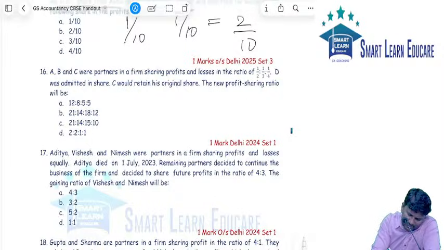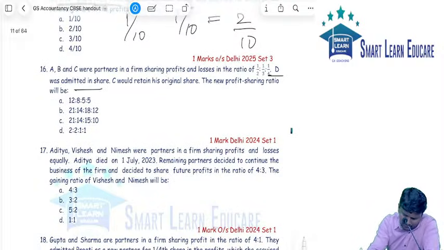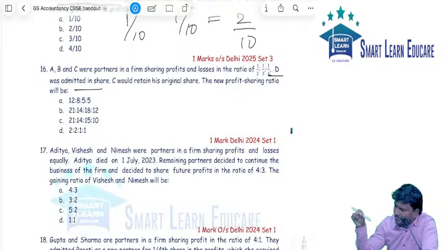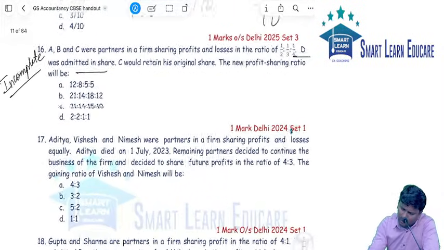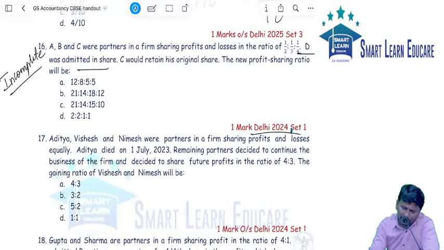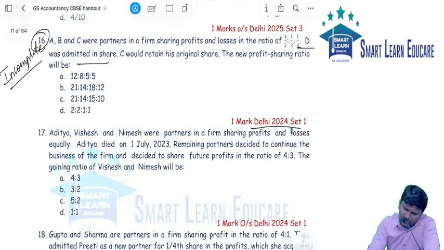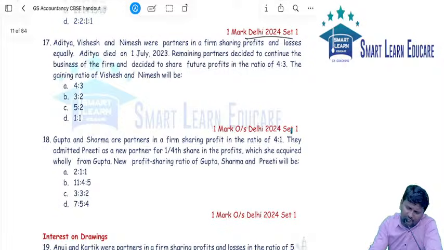D was admitted in. இப்போ கொஸ்டினில் ஏதோ மிஸ்ஸிங். இங்கே வந்து ஷேர் அப்படின்றது மென்ஷன் ஆகிருக்கணும். 1/5 இல்லை 1/6, 1/7 அந்த மாதிரி ஏதாவது மென்ஷன் ஆகிருக்கணும். அந்த ஷேர் கொடுக்கல. கொஸ்டின் இன்கம்ப்ளீட்டாக இருக்குது. ஓகே, ஐ வில் செக் வித் சோர்ஸ் பண்ணிவிட்டு நான் இந்த கொஸ்டினோட ஆன்சர் சொல்கிறேன். ஸோ இந்த கொஸ்டின் நம்ம லேட்டராக கம்ப்ளீட் பண்ணுவோம். கொஸ்டின் நம்பர் 16. நெக்ஸ்ட்டு கொஸ்டின் நம்பர் 17.